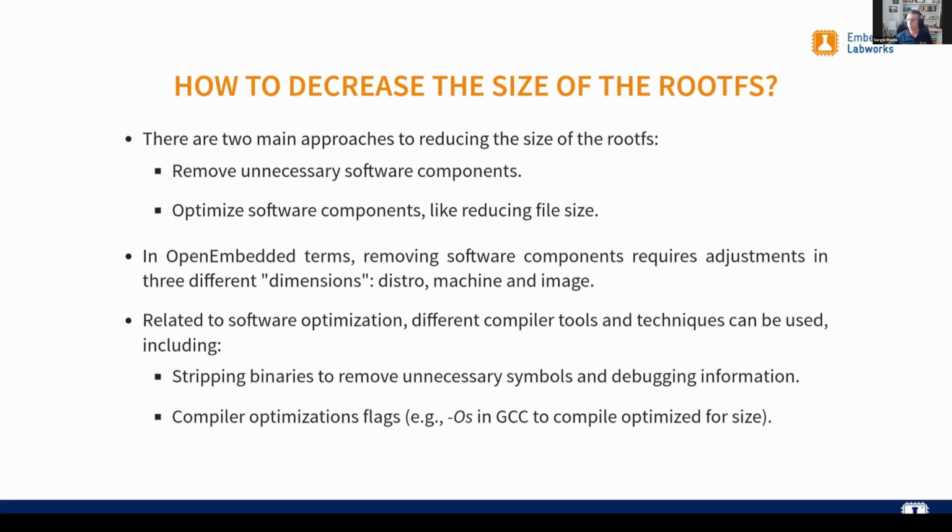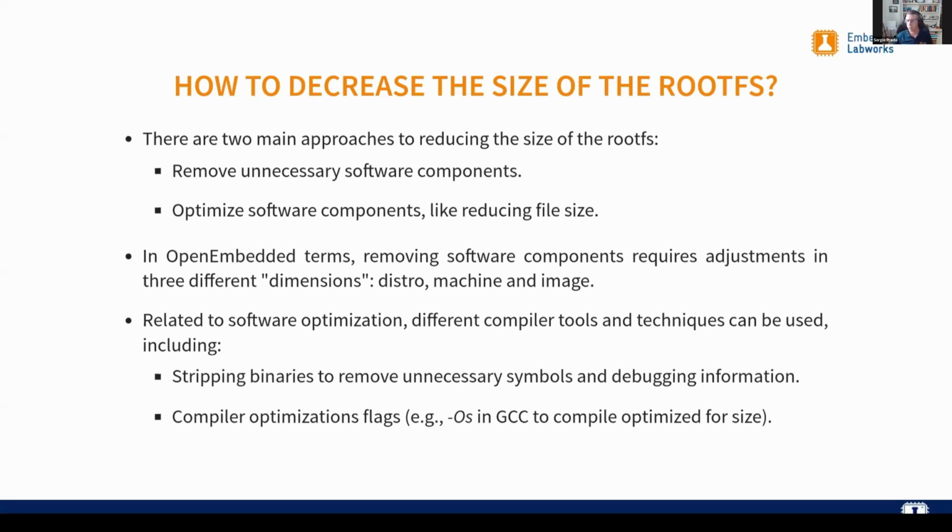About removing components, from the OpenEmbedded Yocto perspective, you have to work on three different dimensions: the distro configuration, the machine configuration, and the image configuration. They are kind of orthogonal, and one can impact the other. So you have to work with the three dimensions, and we're going to talk about this here.